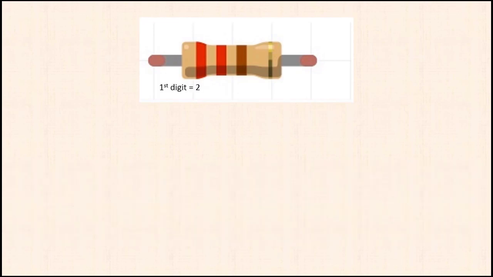The first band, the red one on the left, represents the first digit in the value of this resistor. In this case, red is 2. Actually, in every case in resistor color code, red equals 2. But just in case you can't tell, that is red. The second band on a resistor represents the second digit, which again is red, so it's 2. So far, we have a value of 22.